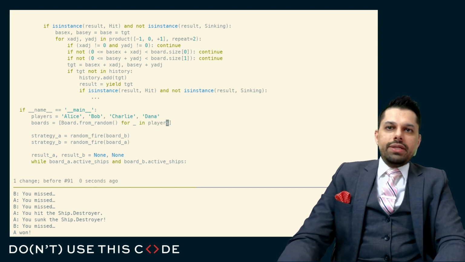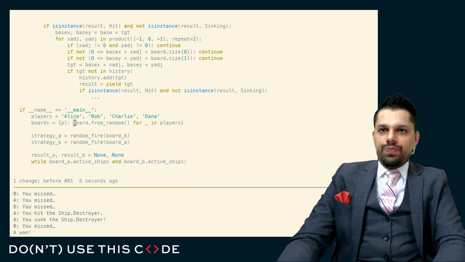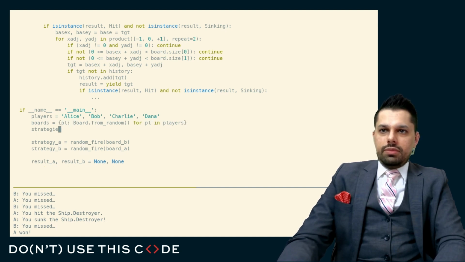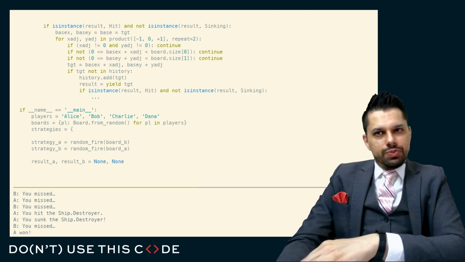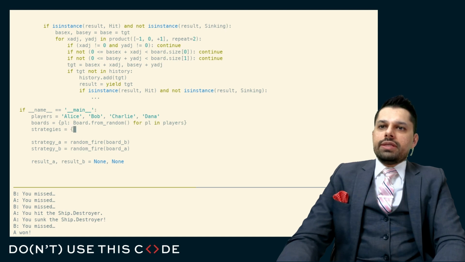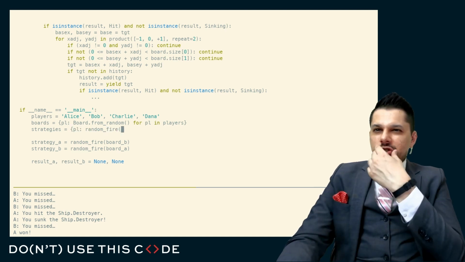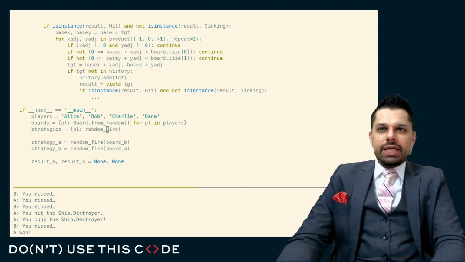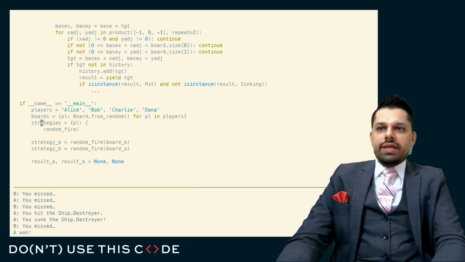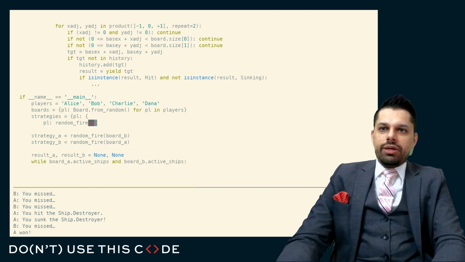And here I guess I need to map these. So here I'll map my player to the board, and then my strategies. And I guess if we have a multiplayer game, you get to fire at everybody else's board. So here, this is the player and random fire strategy. And I guess you have to have one random fire strategy for every alternate player. So this is actually something like this. It is a nested dictionary.